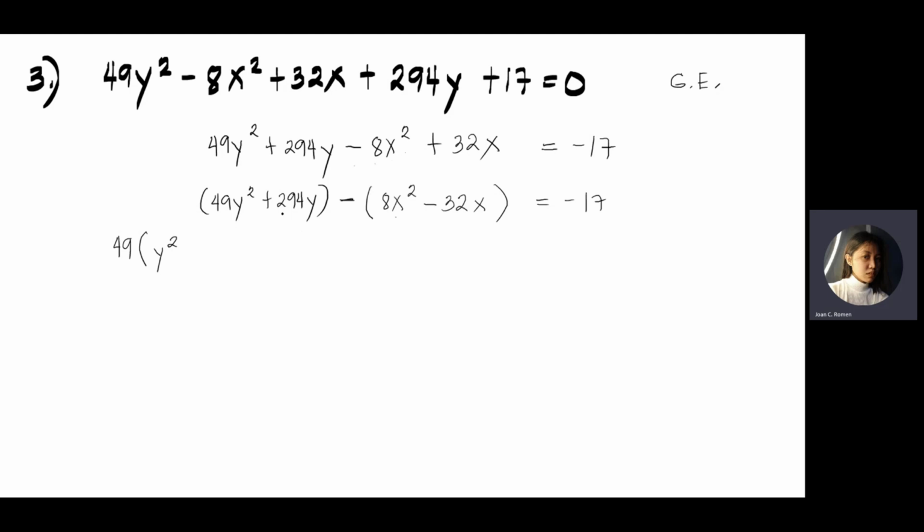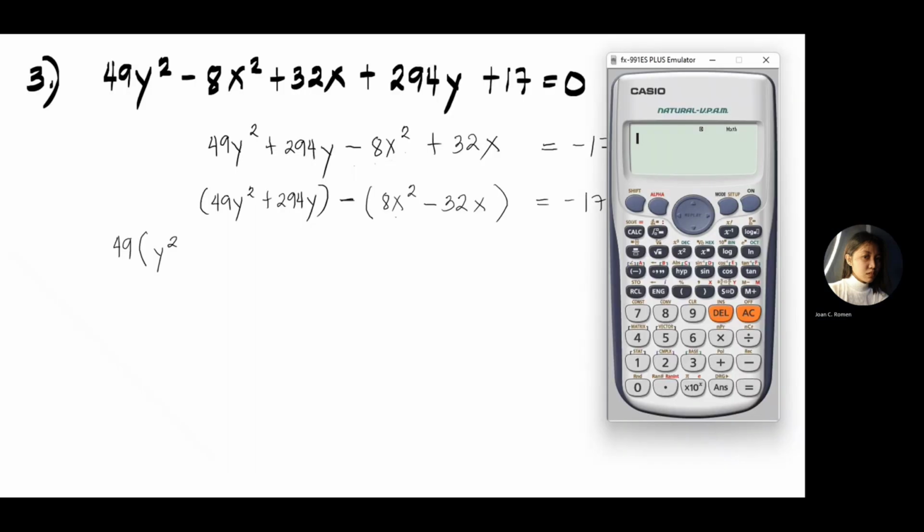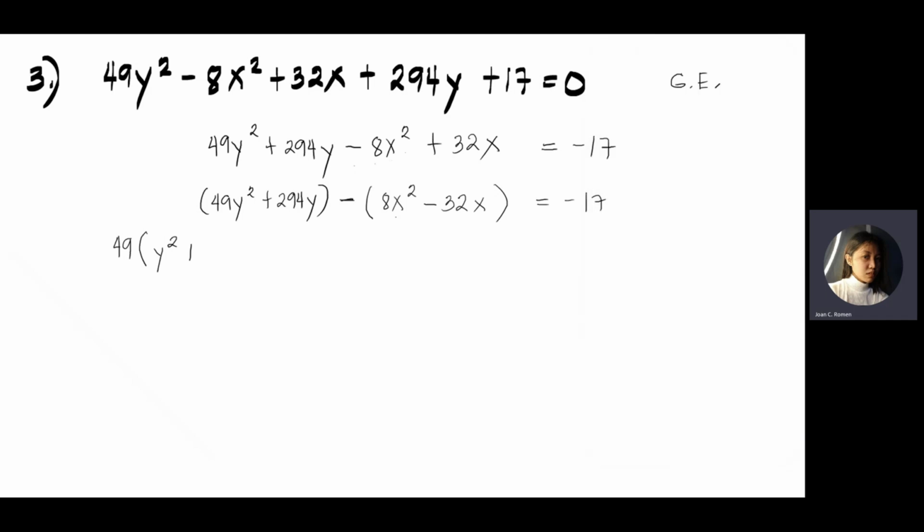Next, 294y divided by 49 is, okay, so 294 divided by 49 is equal to 6, okay? So plus 6y. Again, if we're going to factor out this 49, ang matitira na lang sa loob ng parenthesis is y squared plus 6y.